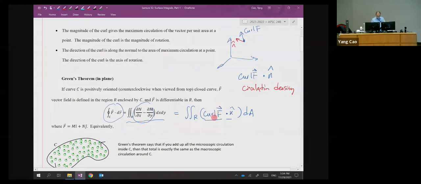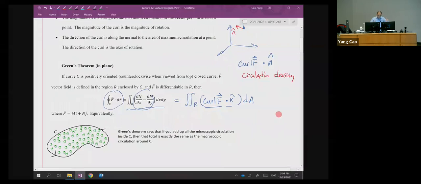There is no other direction for curl F. So the right side of Green's theorem becomes integrating circulation density over the region R. It's like adding up the many circulation densities within this region R enclosed by curve C. When you add up all the small circulations within the region R, you get the total circulation over the curve C. That's what Green's theorem is telling you here.